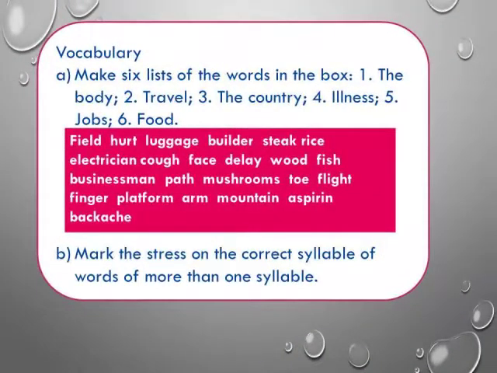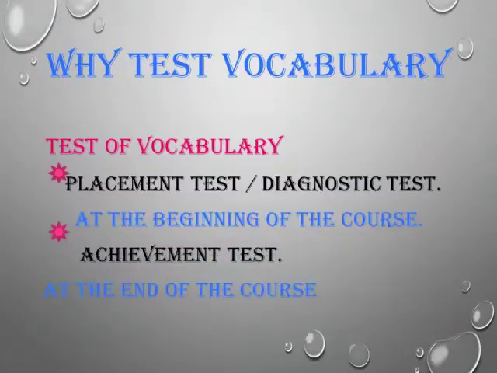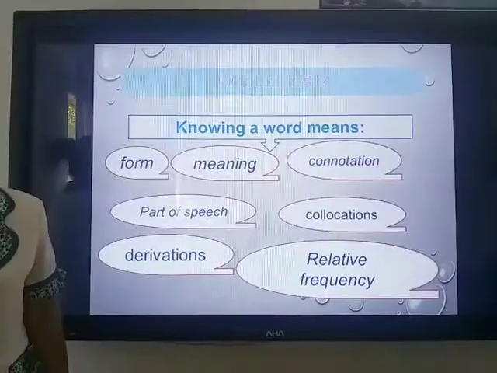Vocabulary covered in the previous lesson should be tested at the beginning of the next one. But there is also formal testing, like a placement or diagnostic test which is taken at the beginning of the course, or achievement test which is at the end of the course. There is also proficiency test which is measured by external exams such as TOEFL or Cambridge First Certificate.